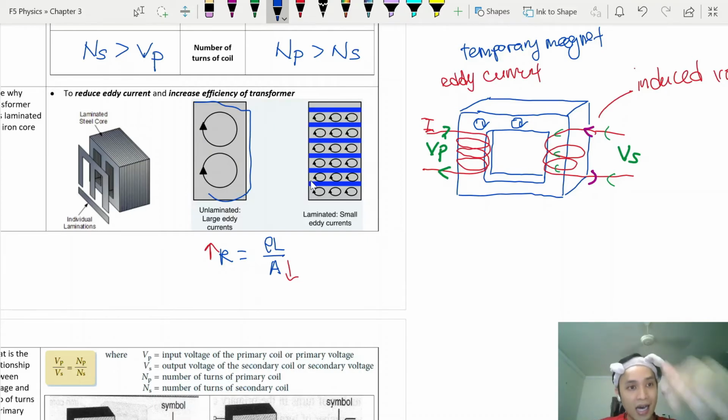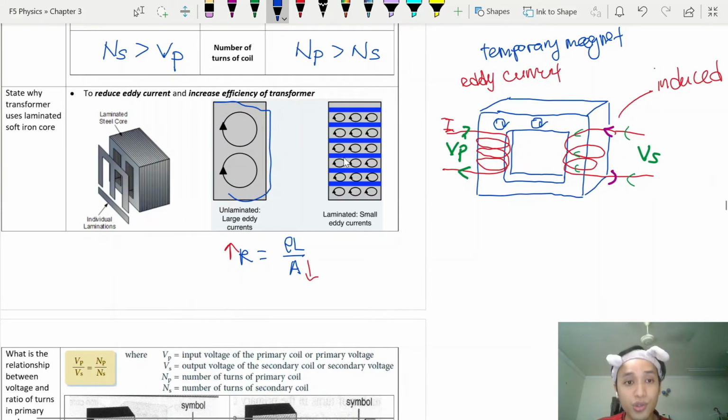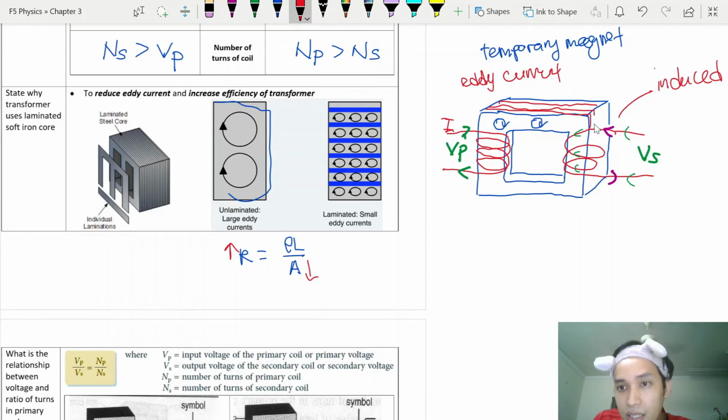So this is how they control or reduce the production of eddy current. So instead of using one whole block of metal, we use laminated, so layers. Let me just draw. Layers, meaning like this. So by doing this, you are actually reducing the effect of eddy current.